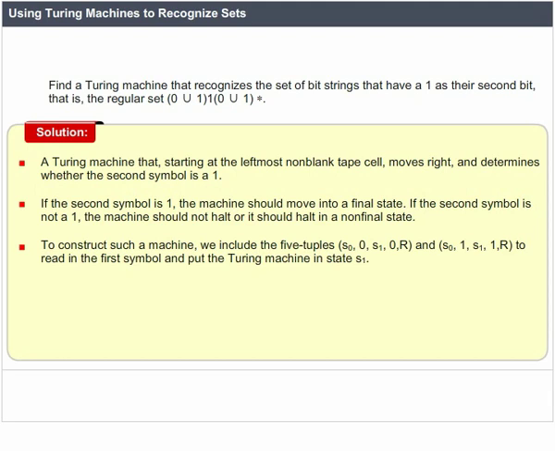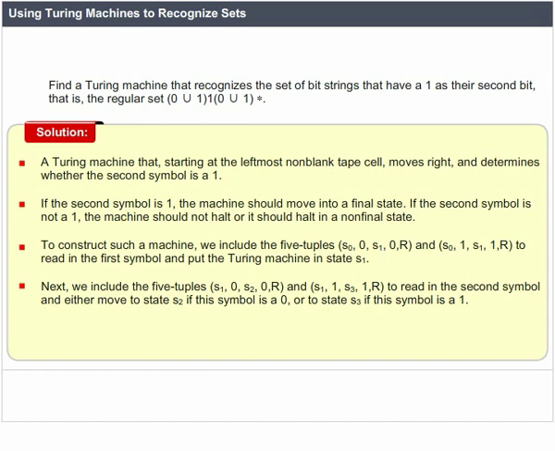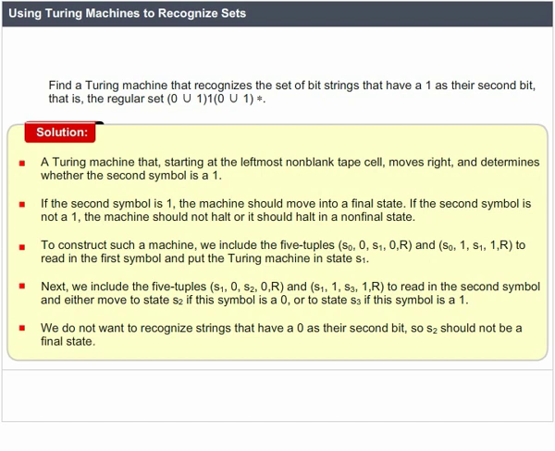Next we include the five-tuples (S1, 0, S2, 0, R) and (S1, 1, S3, 1, R) to read in the second symbol and either move to state S2 if the symbol is a 0 or to state S3 if the symbol is a 1. We do not want to recognize strings that have a 0 as a second bit, so S2 should not be a final state.